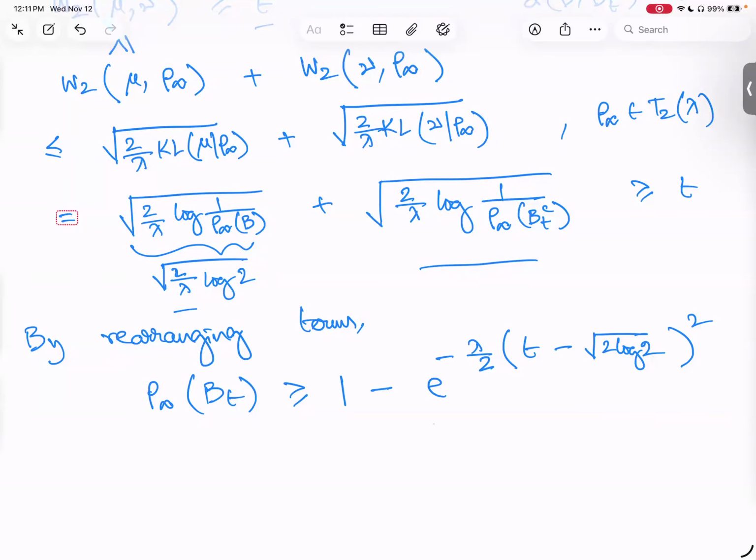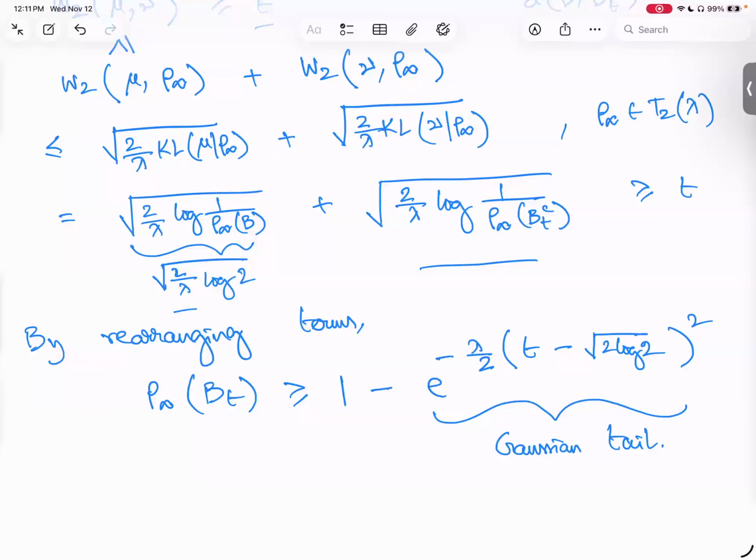And so what you see from here is that this is a Gaussian tail, with this constant lambda determining how fast it is dropping.